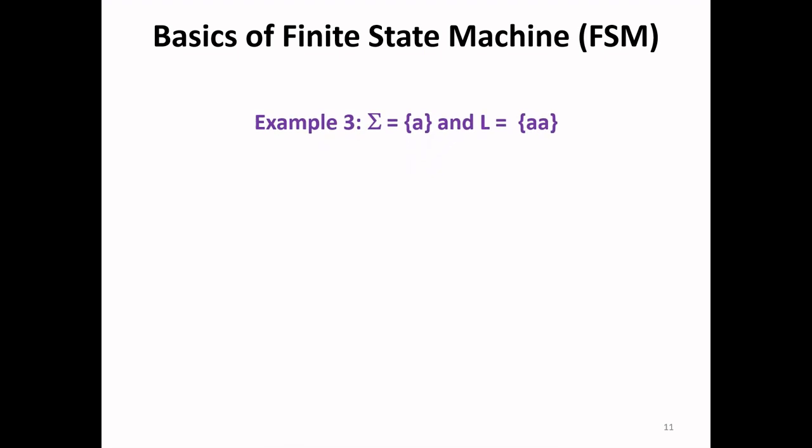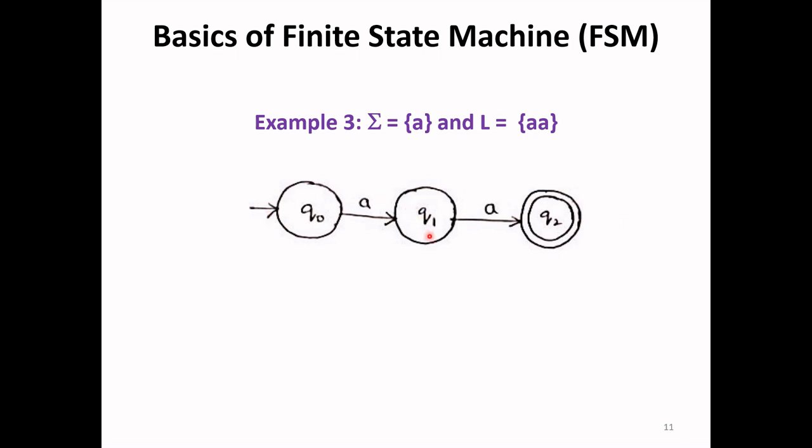Let us consider a language consisting of a string of length 2. FSM for a string of length 2 needs three states, Q0, Q1 and Q2, where from Q0 a compulsory A reaches Q1, and again from Q1 for the second compulsory A it goes to the final state.